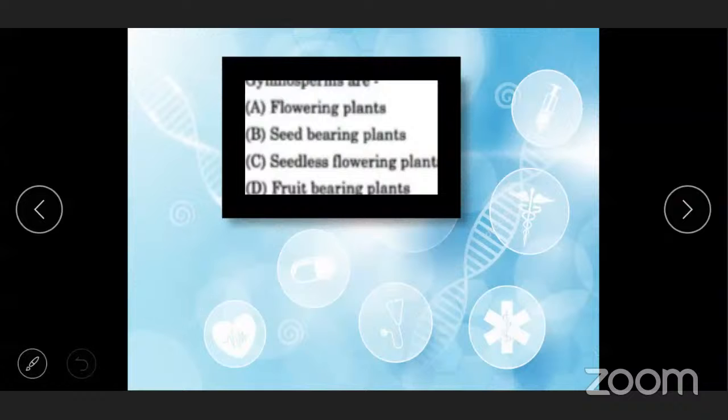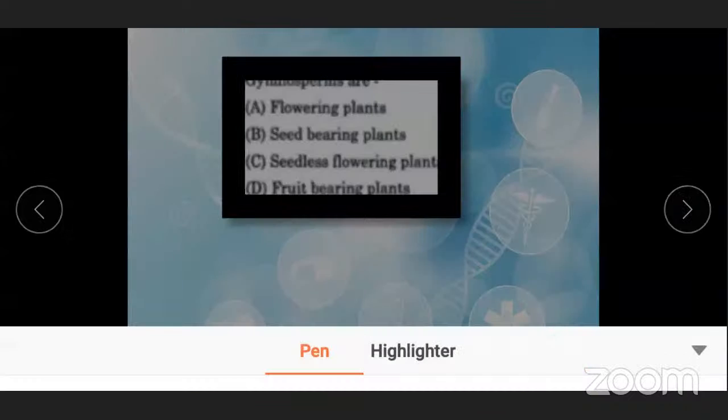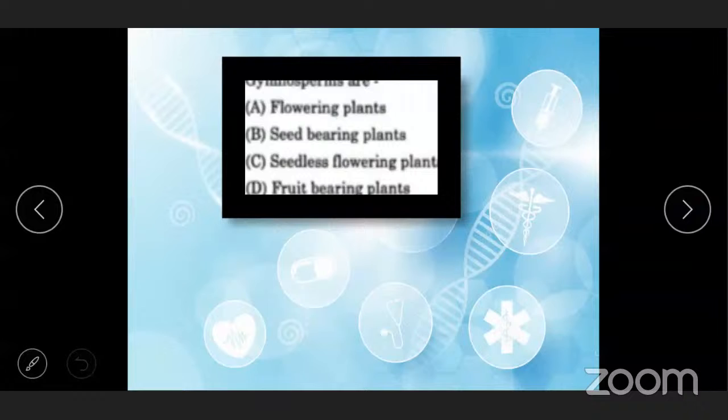Okay, yes. So the answer is absolutely right, people, which has been answered by the maximum of you. The answer is B, that is, seed bearing plants. When flowering plants and fruit bearing plants are being considered, we think about an angiosperm.